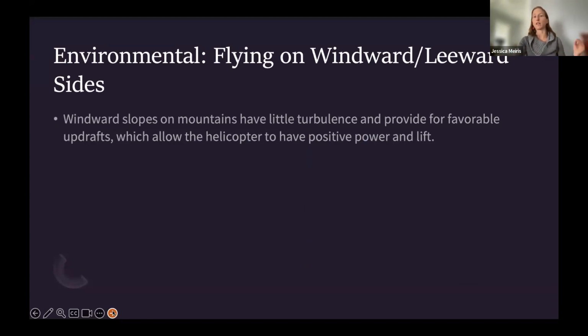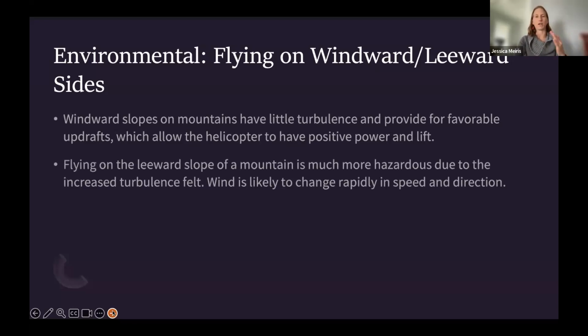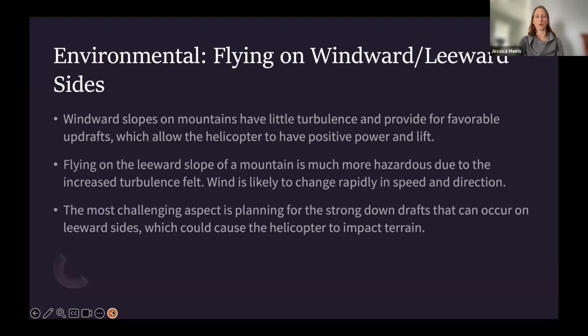And in that sense, the helicopter can have positive power, better lift, need less power to operate on that side of the terrain. Whereas on the other side, the leeward side, it's much more hazardous, more turbulence, and the wind is more likely to change throughout the time in that terrain in speed and direction across the board.